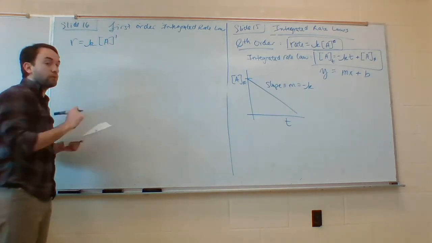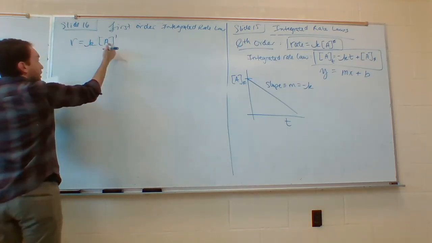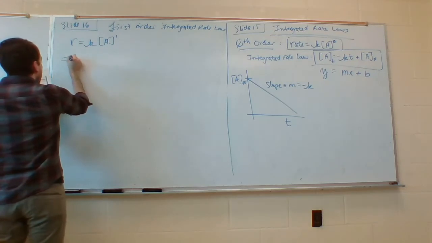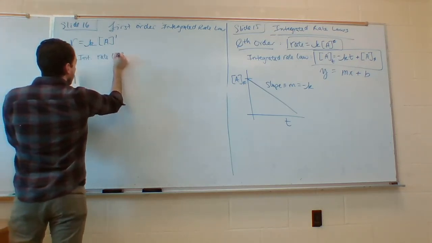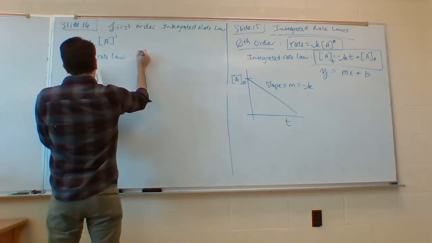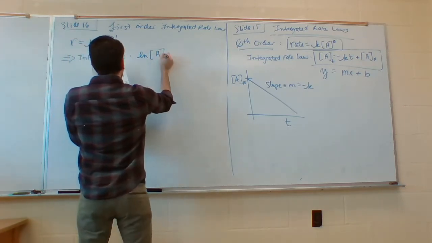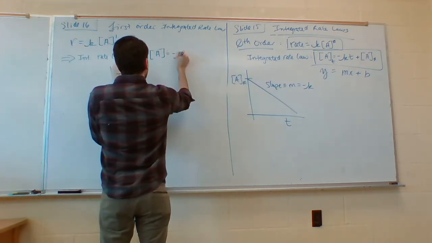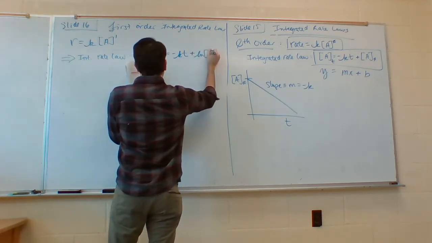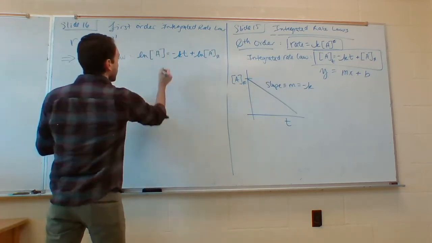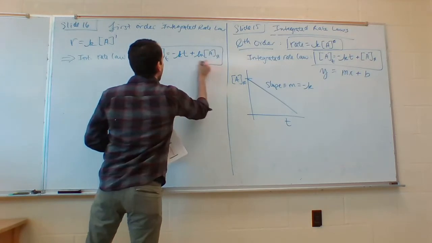That's our first order rate expression. Now, using calculus, we're going to integrate this, and what we get for our integrated rate law is the natural log, the ln of A, is equal to negative kt plus the natural log of our initial concentration. Again, I expect you to have that memorized.